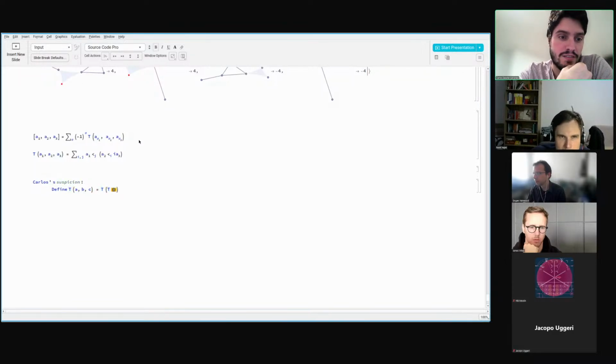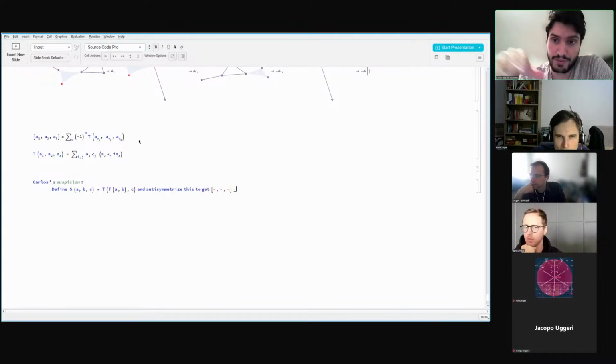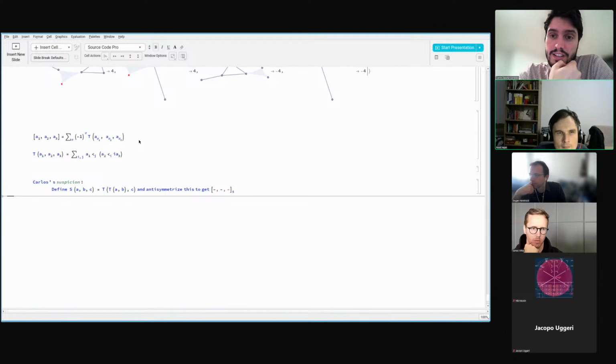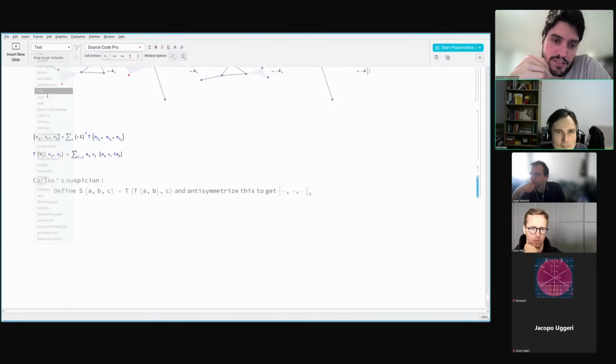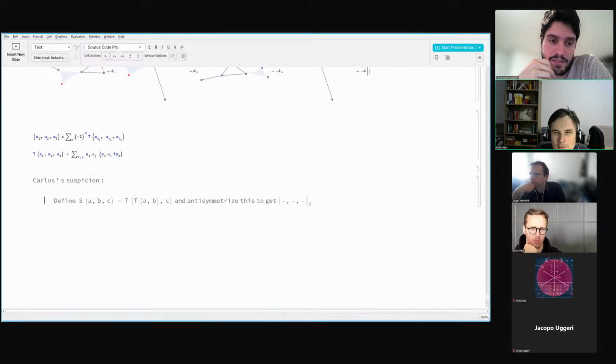Maybe call it something else, S or whatever. Then I would suggest that you check for full antisymmetrization with the 6 terms, plus and minus and the usual thing, so that maybe that's a ternary Lie algebra, and in that case it would be this trivial antisymmetrization of Leibniz.